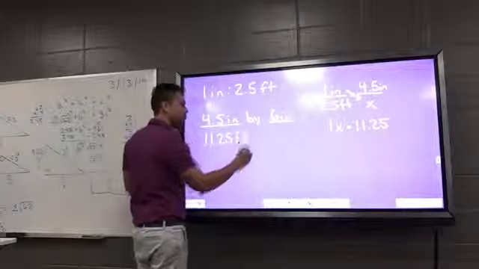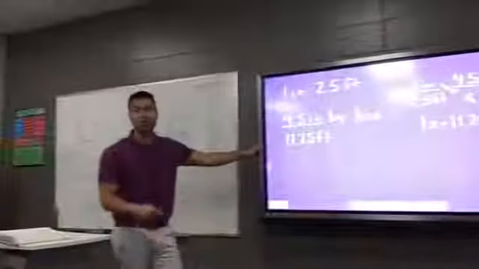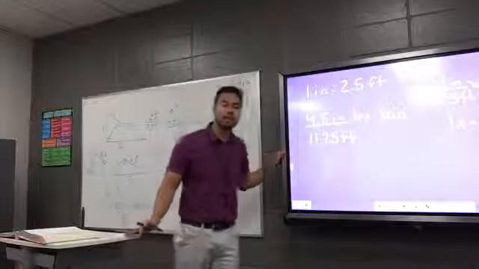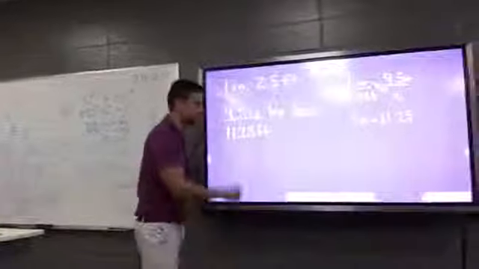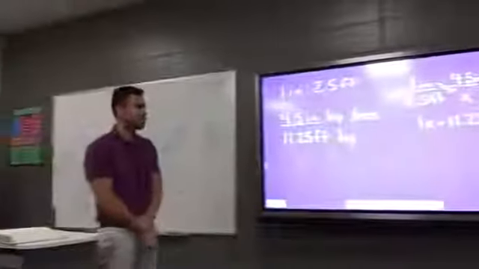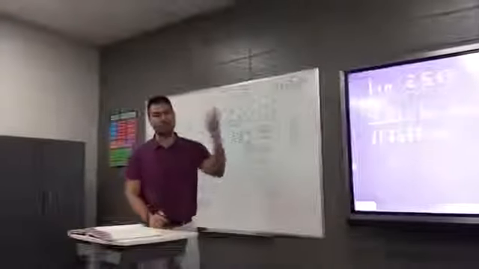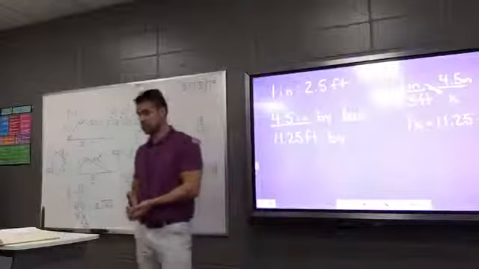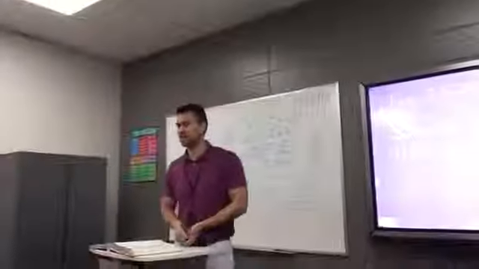If you don't put the correct units, it's wrong. If you don't put any units, it's also wrong. Because I need to know what units. But then how would I do it with her 6 inches? So it's 11.25 feet by whatever that is. Wait, can we put a multiplication sign for by? You can, yeah. Either way.